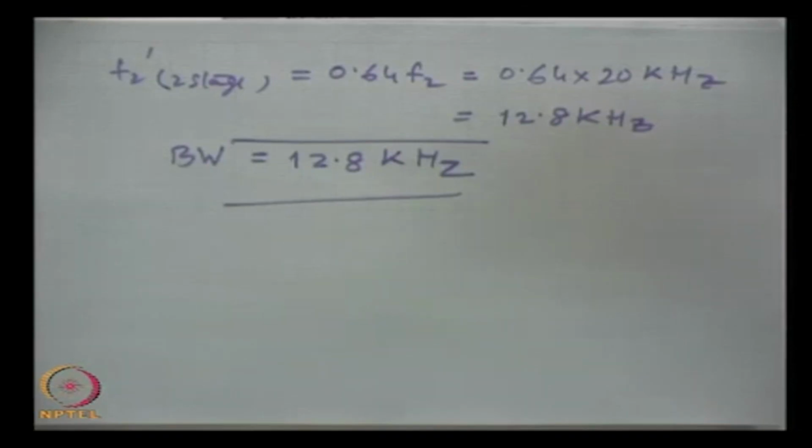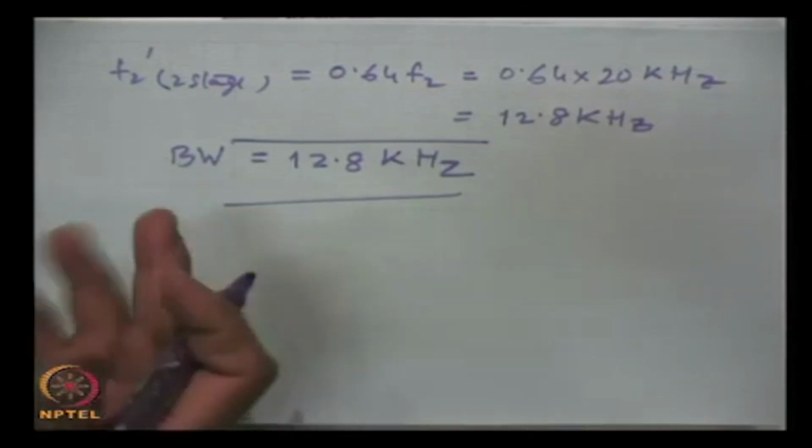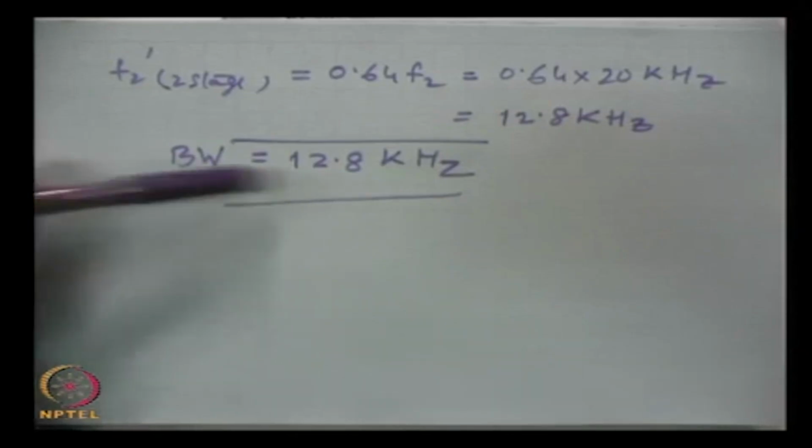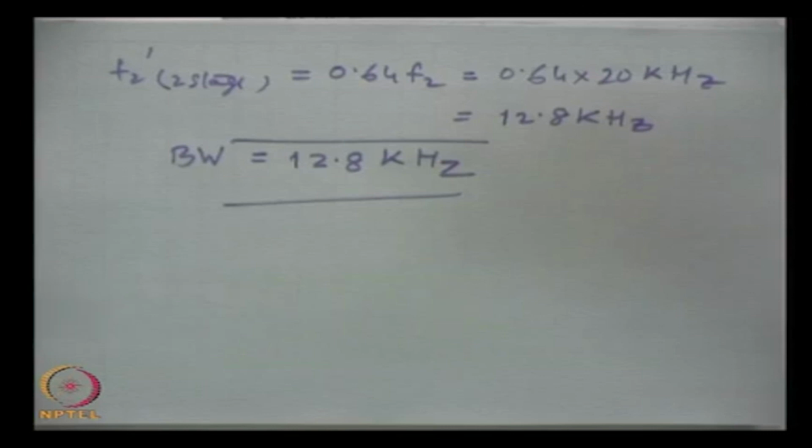So, if more stages are identical, even if you solve for 4, the bandwidth will be much reduced. Bandwidth falls, and the physical reasoning we can get from the fact that gain bandwidth product is constant. So, we have seen numerically that while the gains are enhanced drastically, the bandwidths fall.